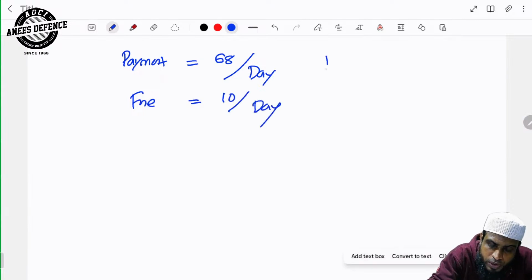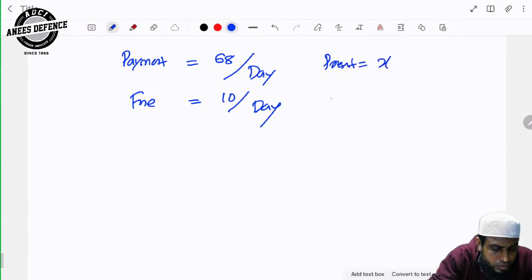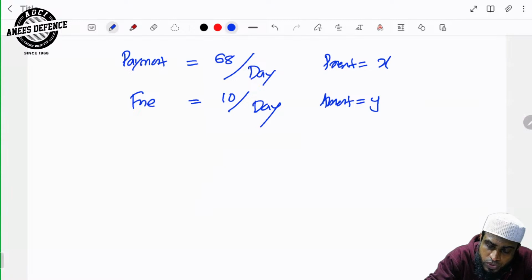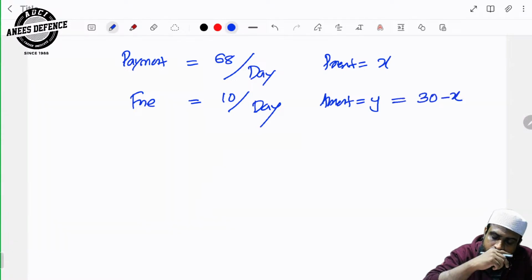So present is equal to X and absent is equal to Y. So total how many days? 30 days. So Y can be written as 30 minus X. If his present is X, then 30 minus X can be considered as the number of days he was absent.